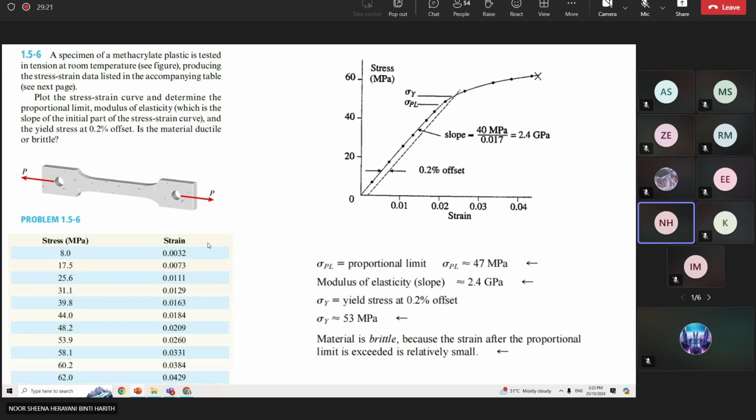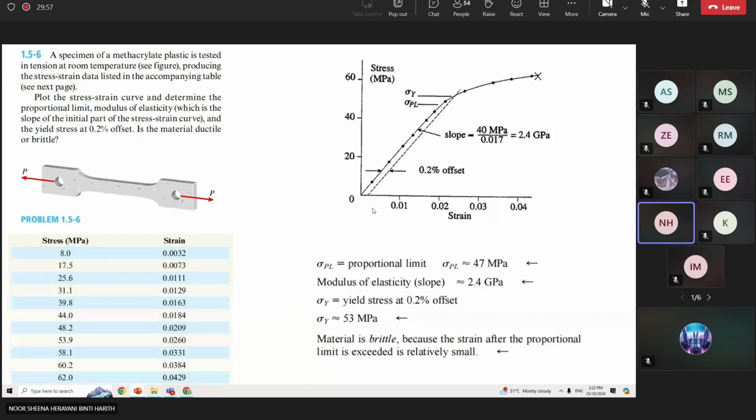After you plot this table onto the graph paper, the y-axis is stress in megapascal, and the x-axis is strain, with no unit. You have to put all the values in, which is 0, 7.5, 2.25. It can be simplified like this: 0, 10, 20, 30, 40.